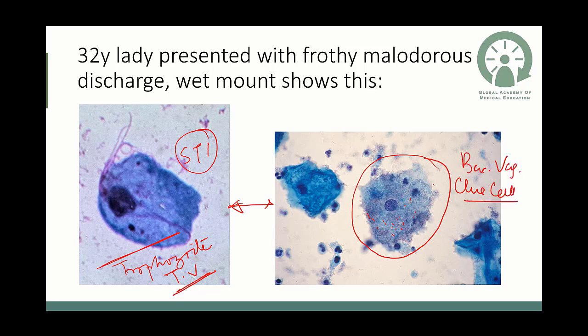Or you can see the fungal hyphae, which will suggest the diagnosis of fungal infection or candida infection, right? So this is how you can decode the images, but without the images also, from the history and the clinical findings, we can work up to our diagnosis.